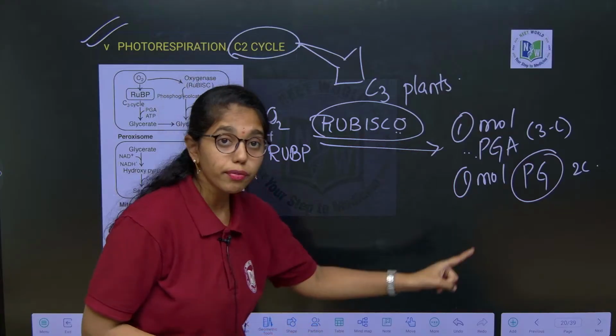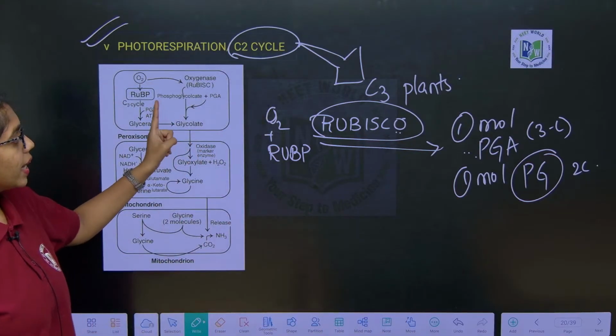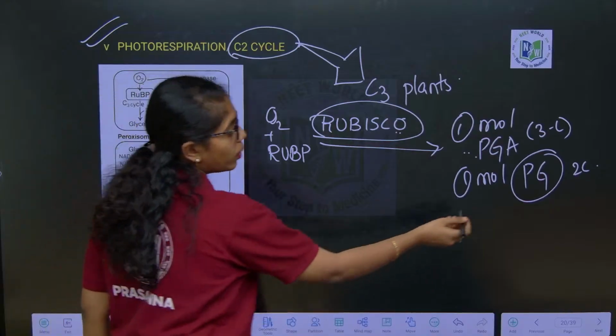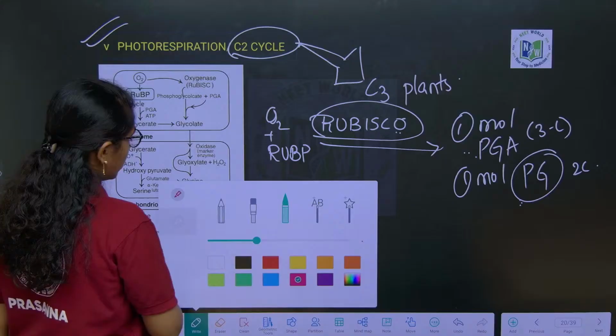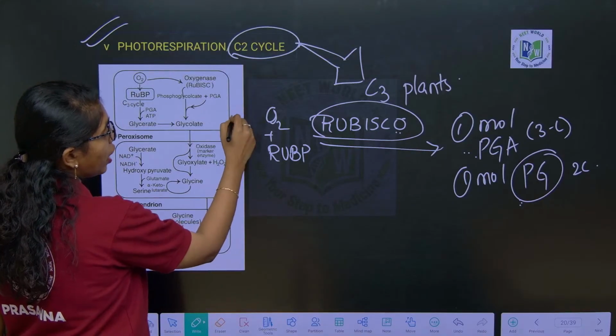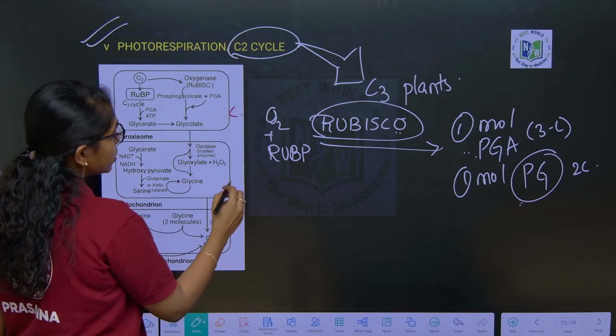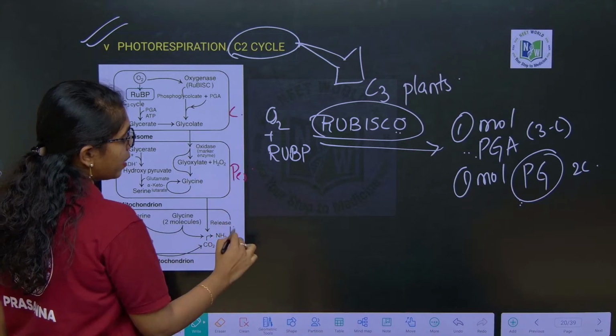To generate one more molecule of phosphoglycerate, phosphoglycolate has to travel through 3 organelles, that is chloroplast, peroxisomes and mitochondria.